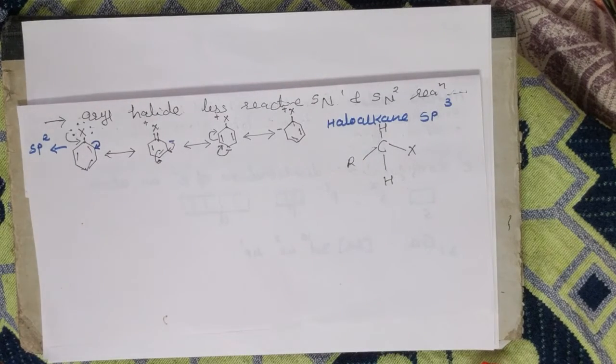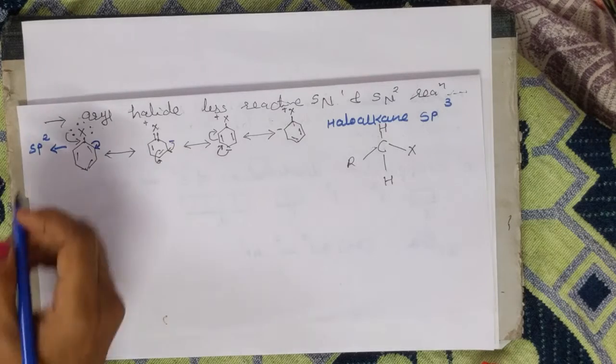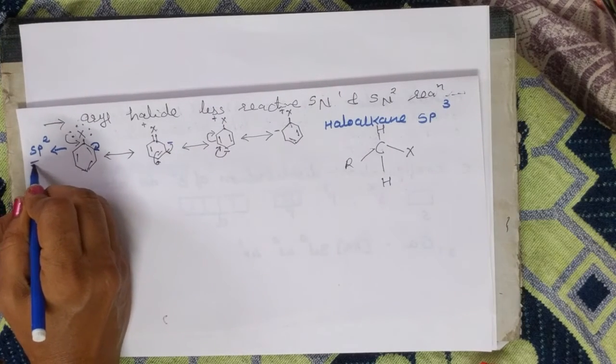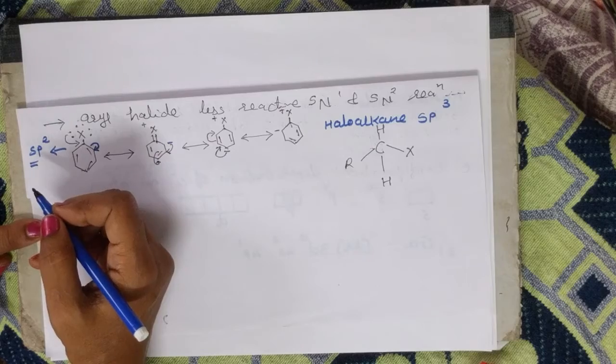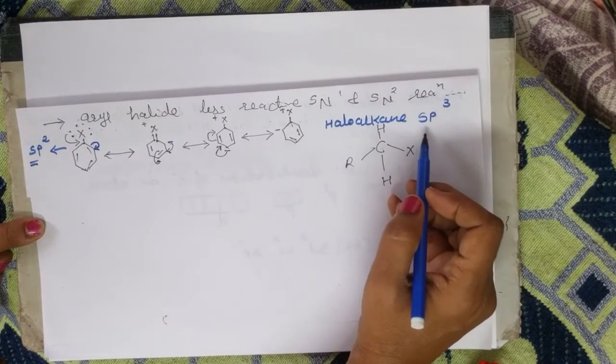But here you can see it is sp2 hybridization. In sp2, carbon has a greater s character, more than the sp3 carbon.